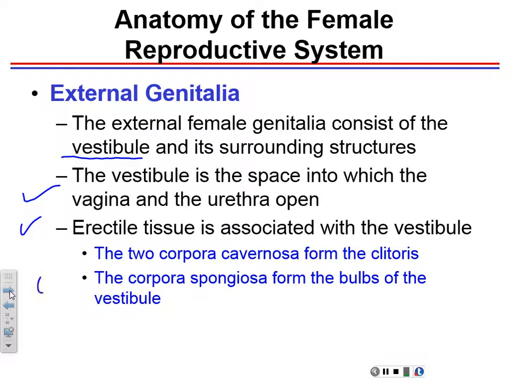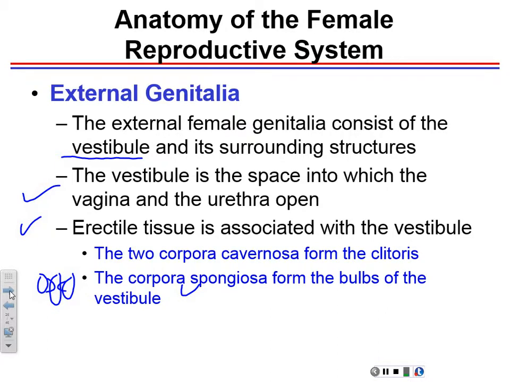So it forms a bulb here, which is erectile tissue, and the vagina is kind of in the middle. During sexual intercourse, these bulbs become erect and squish on the opening of the vagina, so that it creates more friction between the penis and the vagina. This is the same erectile tissue that the male has, the female has.